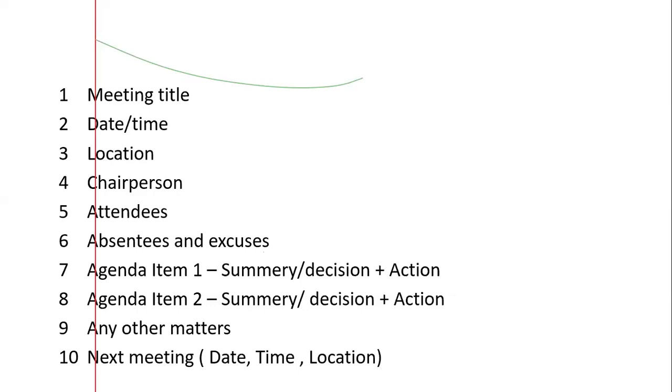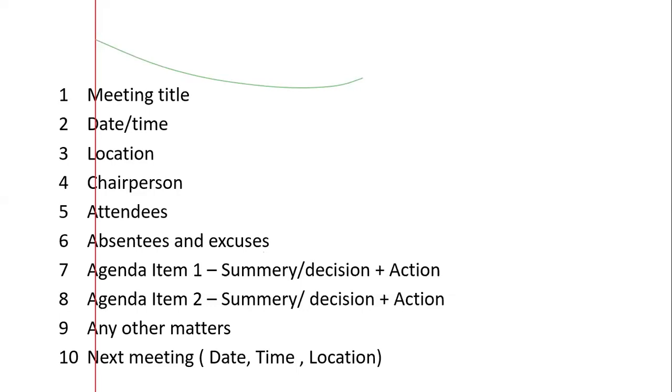So ninthly, any other matters discussed. The special matters discussed after the normal agenda items have been discussed. Any other matters? So you have to write the decision taken about the next meeting date, time and location. That also has to be mentioned in the meeting minute.